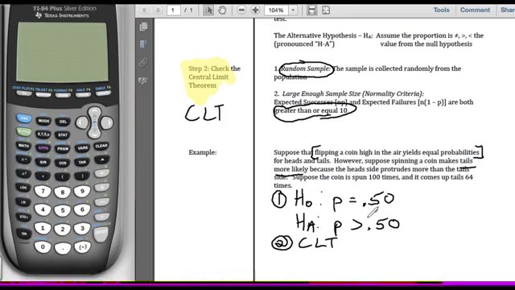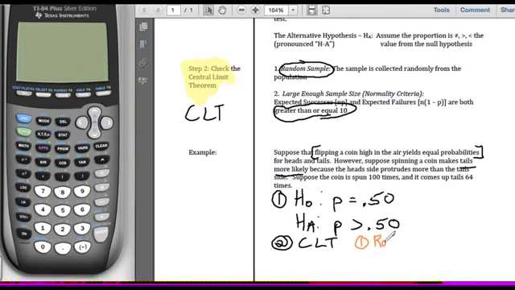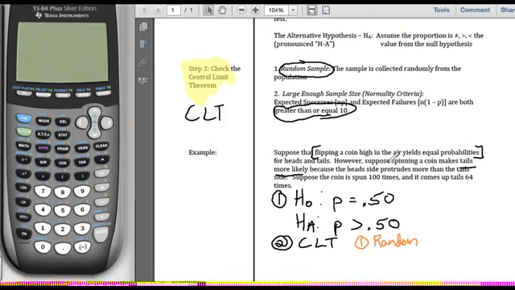I need to check 2 components. Number 1, my sample type, and then number 2, my expected successes and failures. So in this case, can I say that I have a random sample? If I read the problem carefully, the word random doesn't appear once.